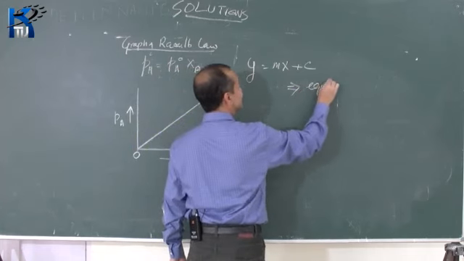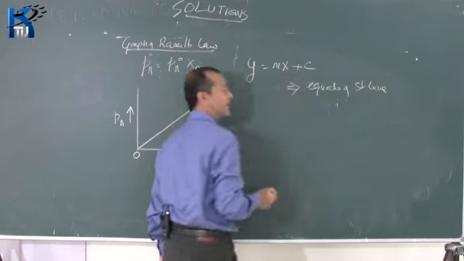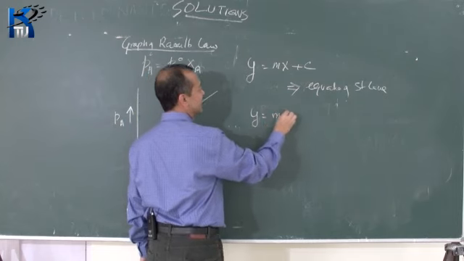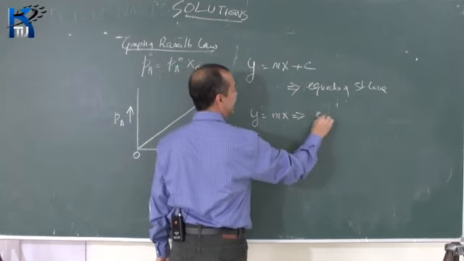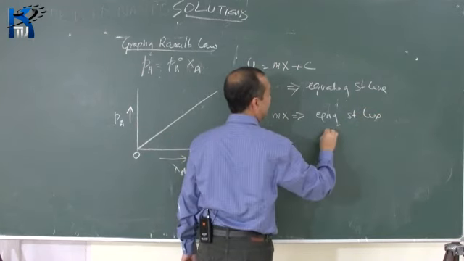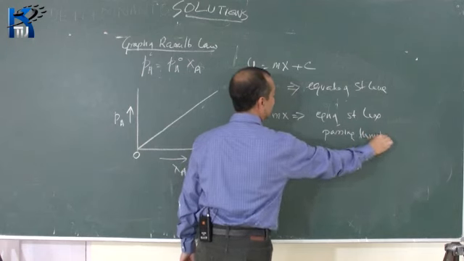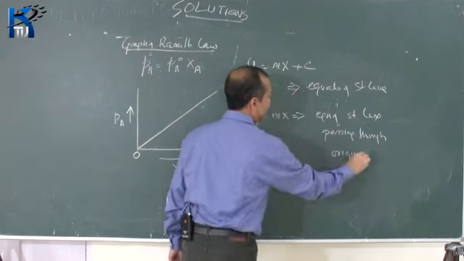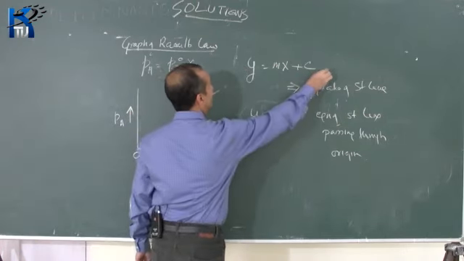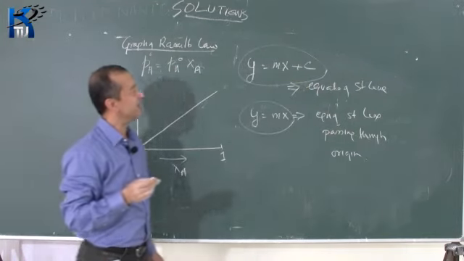This is the equation of a straight line, and y is equal to mx is the equation of a straight line passing through the origin. y is equal to mx plus c is the equation of a straight line not passing through the origin but having an intercept c.